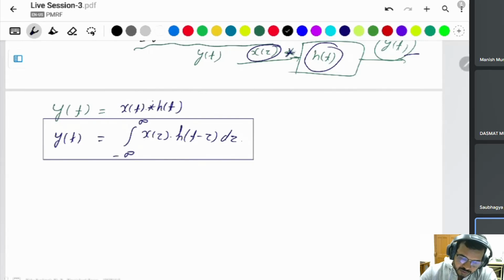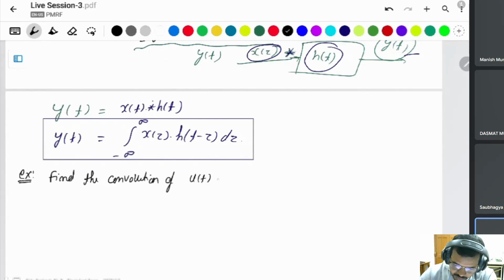Let's do it by an example. Find the convolution of u(t) and h(t), which is also u(t). Both are the same.